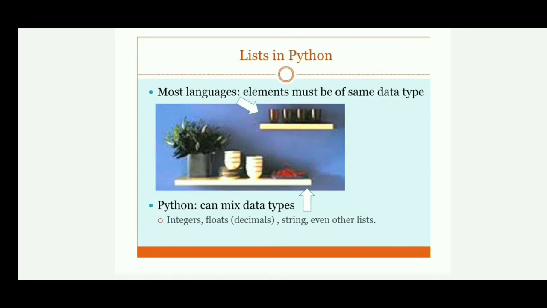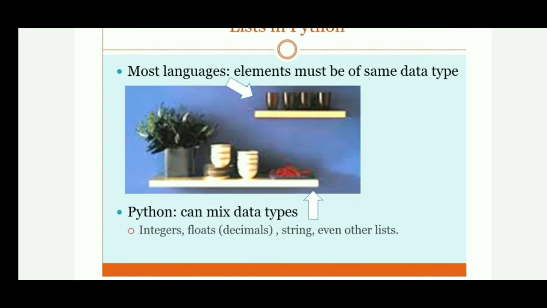String means data of alphabets, or a collection of alphabets, digits, and symbols. Integer is used for whole numbers, and float is used for decimal or fractional numbers. So in Python, a list may contain different data types together.